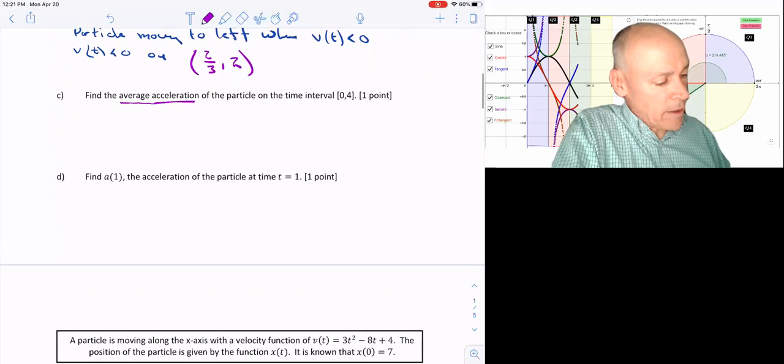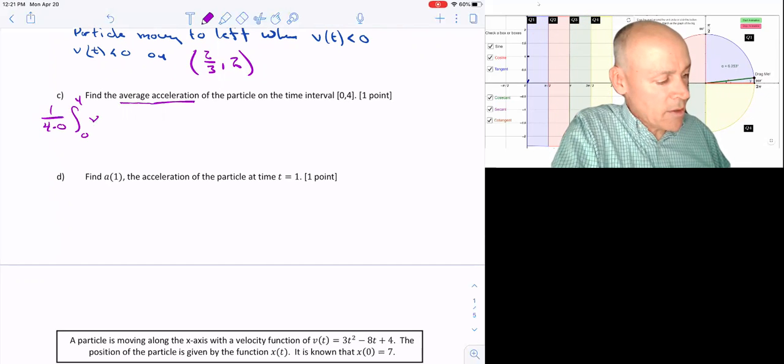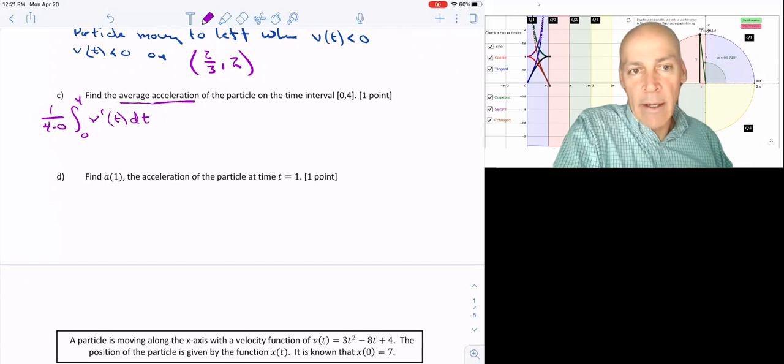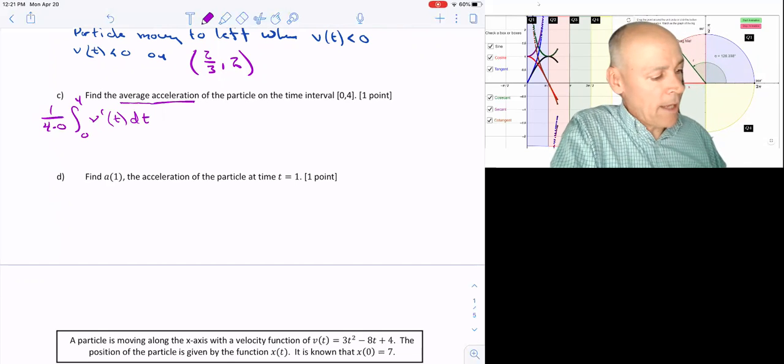So I could set it up like this, 1 over 4 minus 0 times the definite integral from 0 to 4 of acceleration, which is the derivative of velocity. So that's one way I could set it up. I could work it out that way.